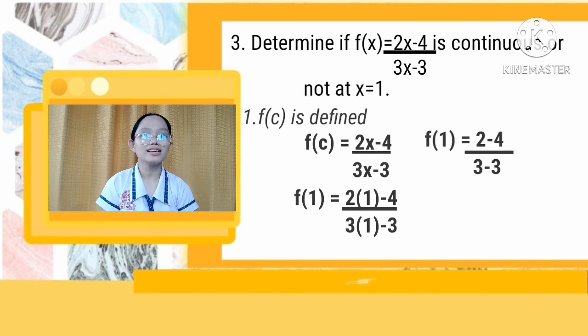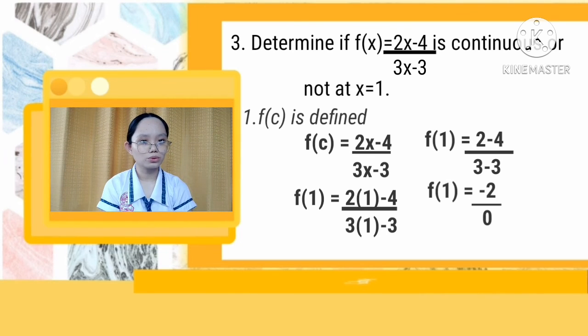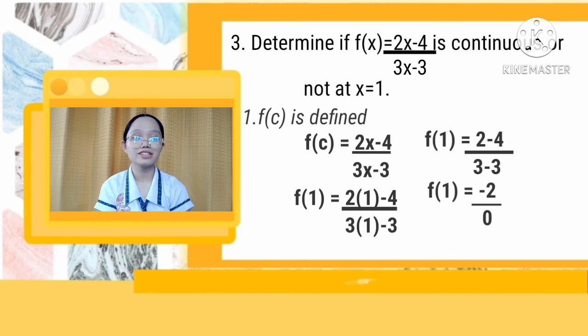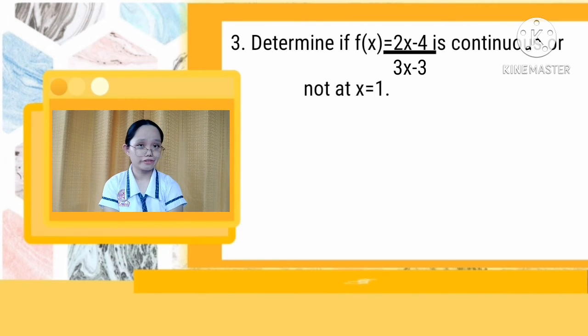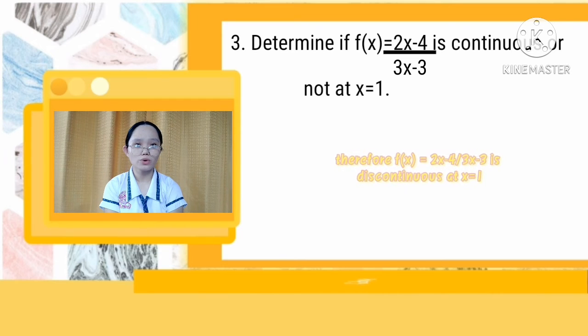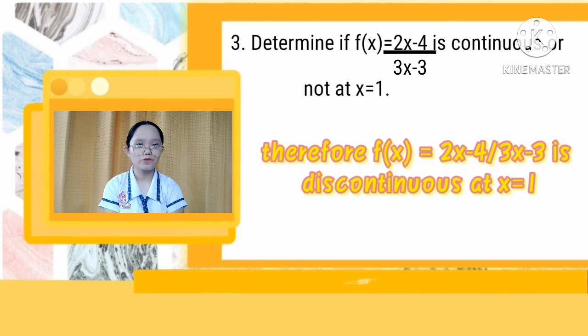F of 1 is equal to 2 minus 4 over 3 minus 3, equal to negative 2 over 0. Therefore, f of c is undefined. The first condition is not satisfied. Therefore, f of x equal to 2x minus 4 over 3x minus 3 is discontinuous at x equal to 1.